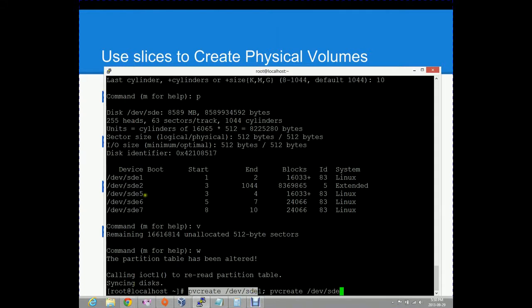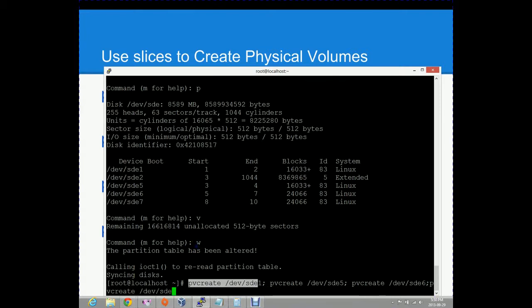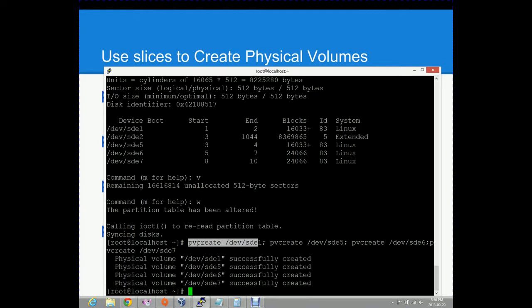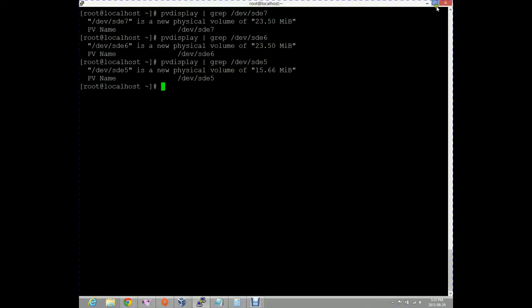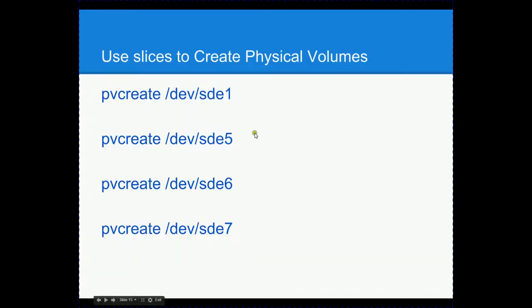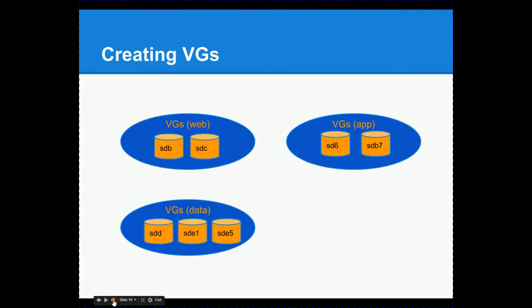The next one is going to be 5. The next one is going to be 6. And finally, the next one is going to be 7. Perfect. Okay, good. All 4 are created. We'll do a clear. I think we don't actually have to size them yet anyway, so it's not a big deal. Alright, so moving right along.